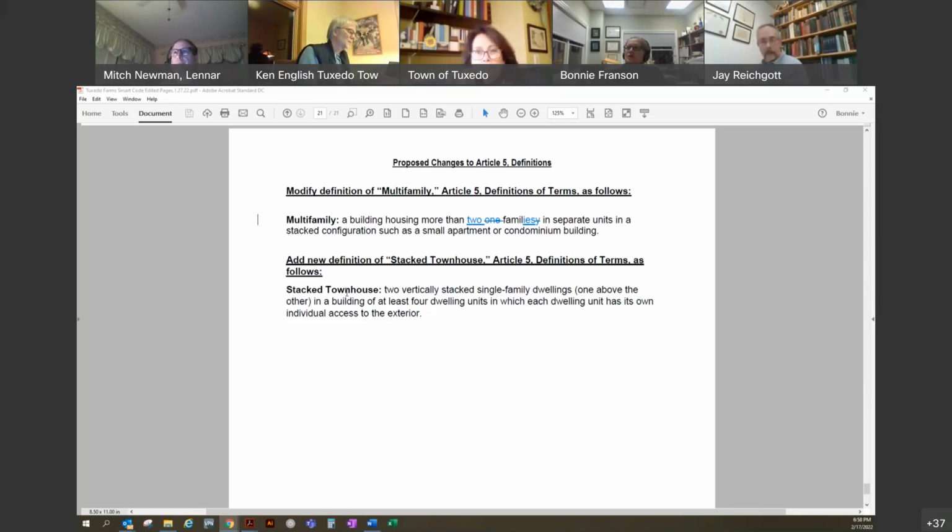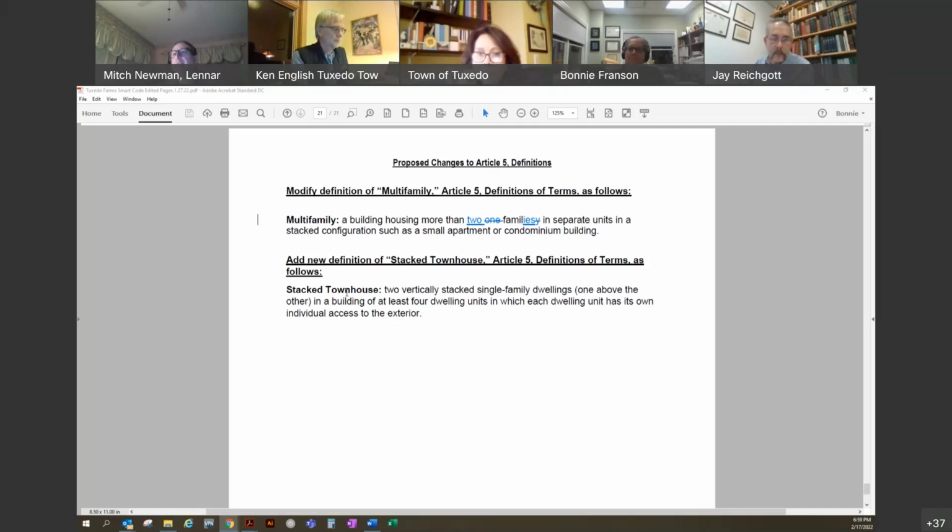Here the proposal is to change it to a building housing more than two families in separate units. That's not standard, and it's probably not consistent with our actual zoning. So I wanted to know why you wanted to go to two families or more in separate units for a multifamily.